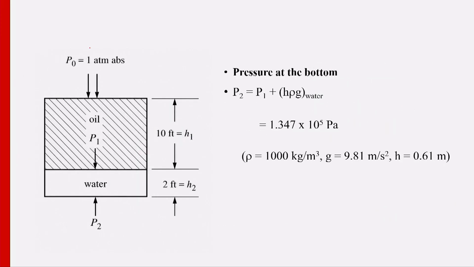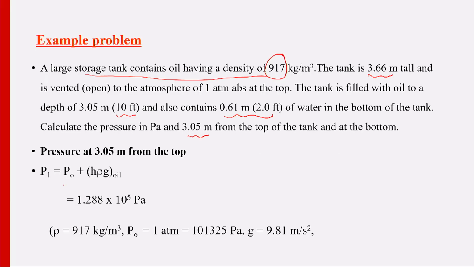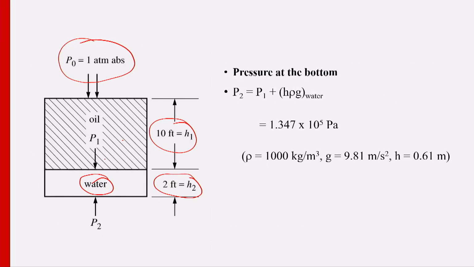Here, same thing: the pressure P0 is 1 atmospheric pressure, and the other is the oil pressure P1, with height H1 of 10 feet, then the water with height of 2 feet. The first point where we have to measure the pressure is P1, the same as I explained.